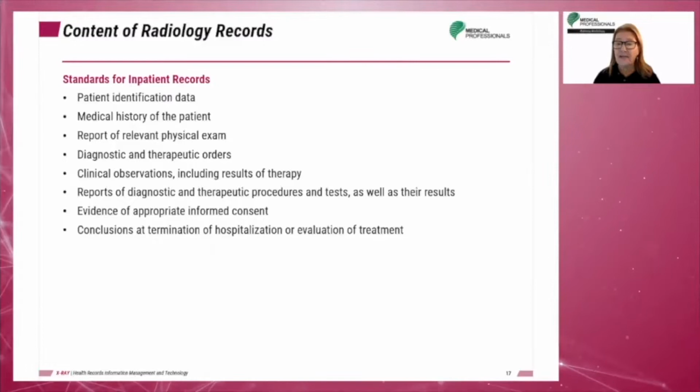When consent is not obtainable, the reason should be entered in the record, and conclusions at termination of hospitalization or evaluation of treatment, including any pertinent instructions for follow-up care.